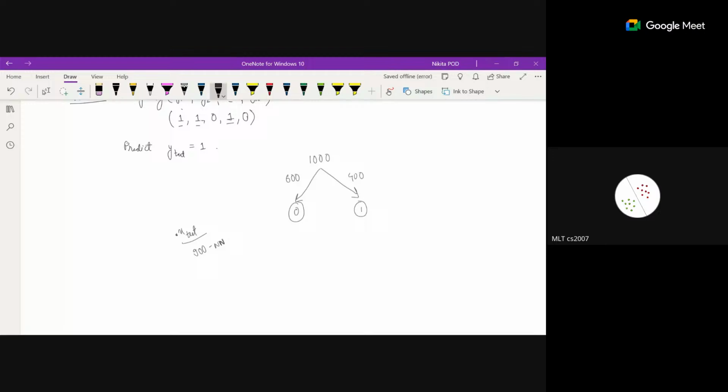Even if, for this X test, all the 400 points that are labeled as one come in these 900 neighbors, you still have to consider the remaining 500.